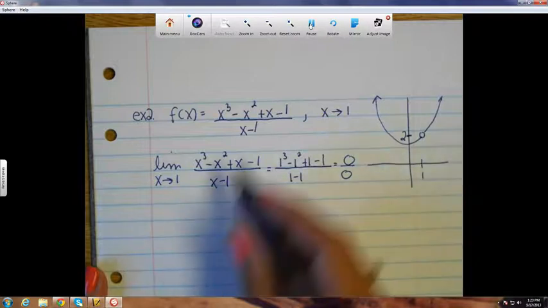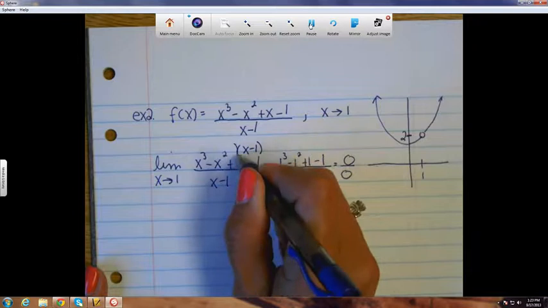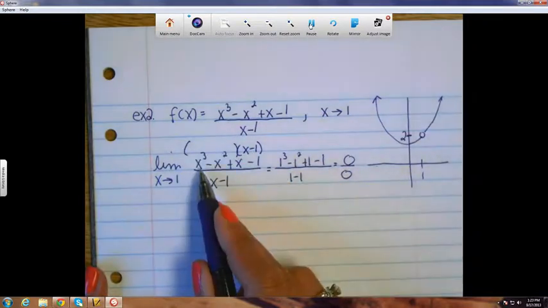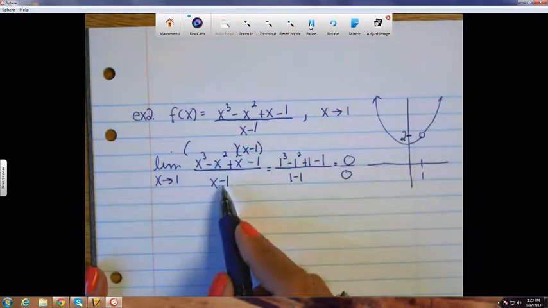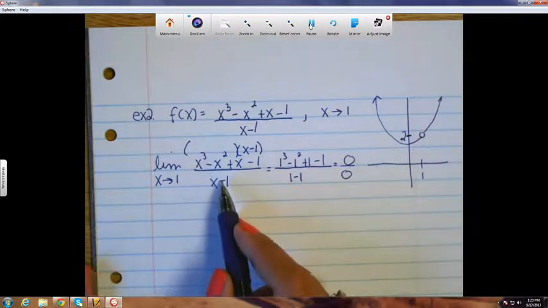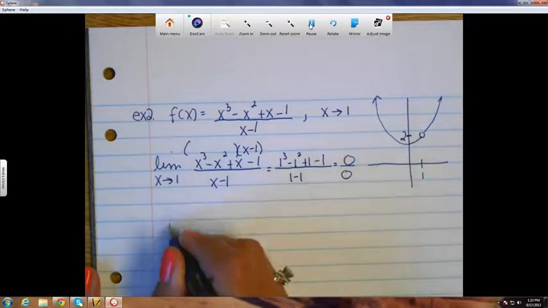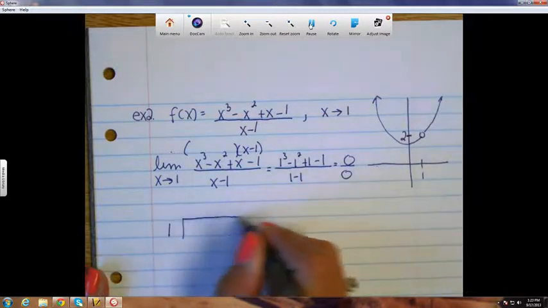We can remove that discontinuity. I know that x minus 1 is one of the factors, but this is not a nice quadratic where the other one's a binomial. To find the other factor, you're going to use that synthetic division, your box that you learned the other day. So we're dividing by x minus 1. You take the opposite of this term, which is 1. Make your little box.